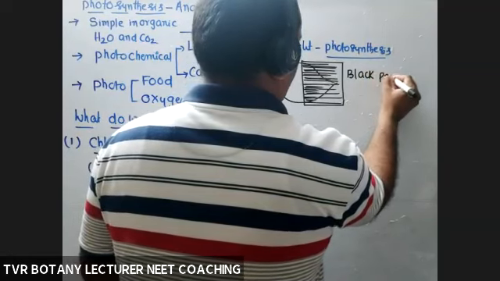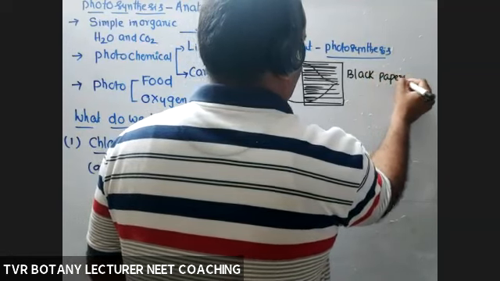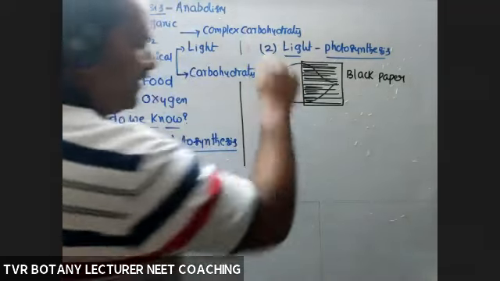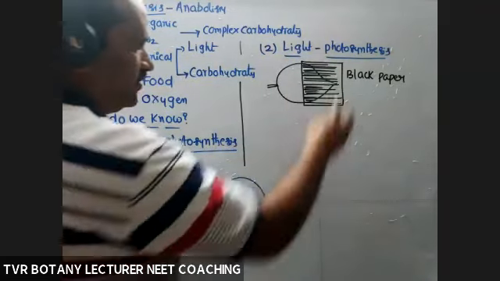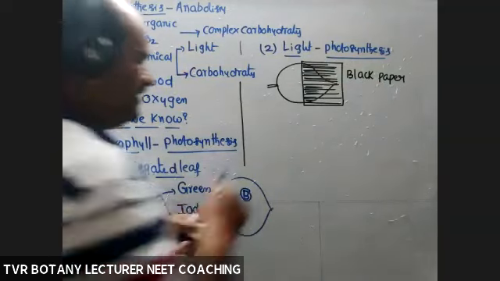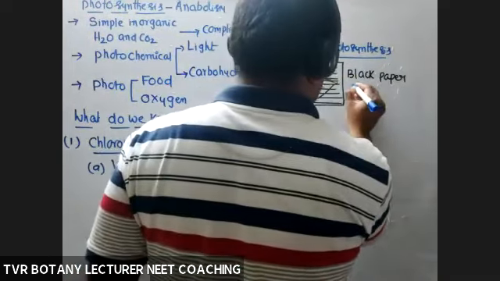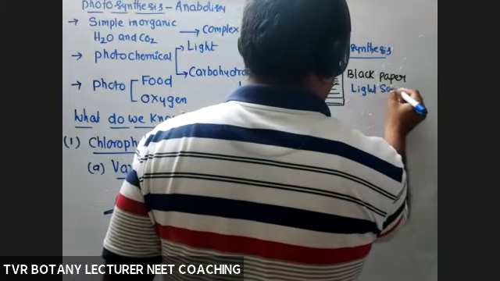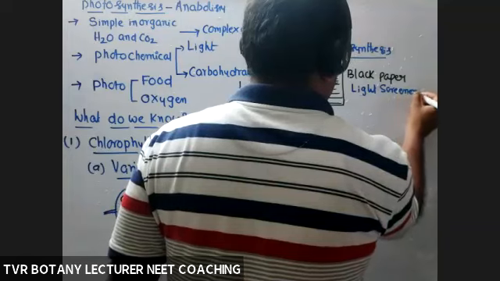Black paper prevents entry of sunlight, definitely, so this area will not be exposed. The purpose of black paper is that it is a light screener.